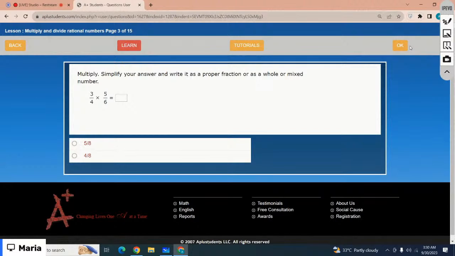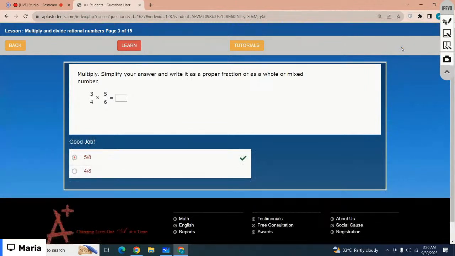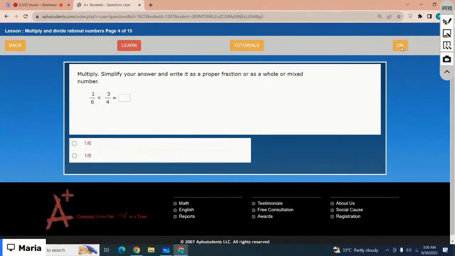So which is the correct option? The correct option is, very good. That would be 5 over 8. Okay, the next one is negative 1 over 6 times 3 over 4. So which is the correct option?